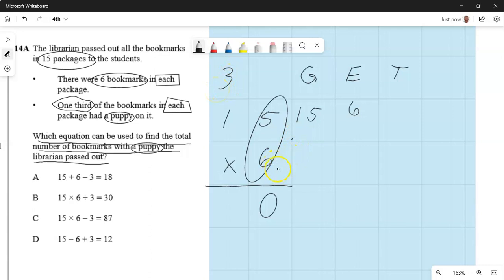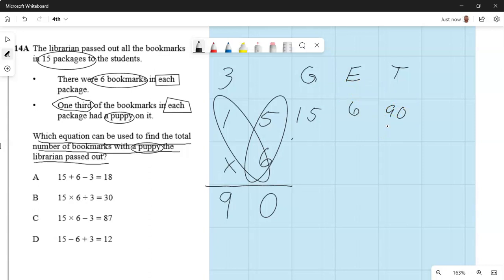And then I'm going to multiply the ones place by the tens place. That's 6 times 10, or 6 times 1 is 6, plus 3 more was 7, 8, 9. Or 6 times 10 is 60, plus 30 is 90. So that means there are 90 bookmarks in all. So I know there's a total of 90 bookmarks.